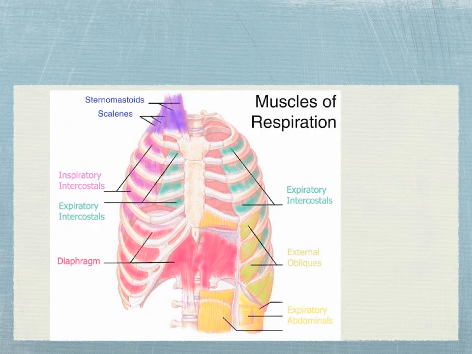When we talk about respiration, the ability to move air, ventilation, moving air in and out of our lungs, air moves from an area of higher pressure to an area of lower pressure.